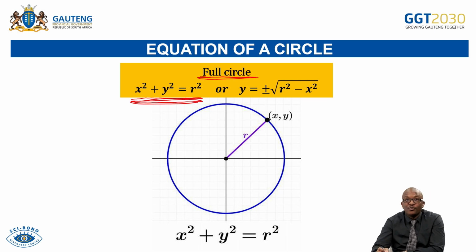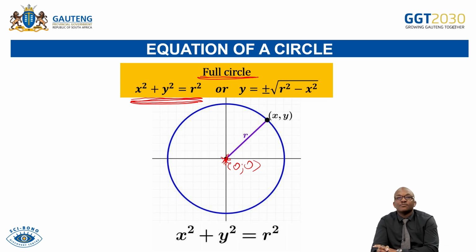And remember, always the center is at origin in technical maths. So our center will always be at 0 and 0 in technical mathematics. So always when you draw your circle, the center is at origin.